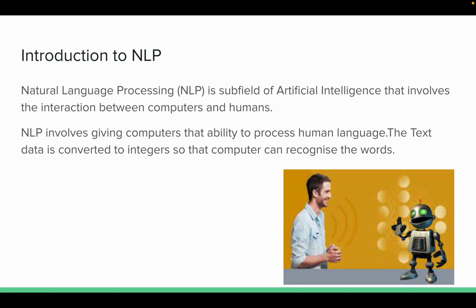Natural language processing is the interaction between computers and humans. NLP involves the computer's ability to process human language. What we are speaking, we convert into binary form so that the computer is able to understand. There are many concepts like deep learning.